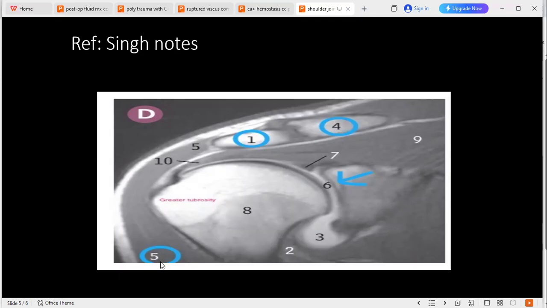When would you ask for this kind of imaging? This is MR arthrogram. Any ligamentous or muscular injury, or injury to the rotator cuff muscles, or shoulder joint instability. What are the factors that decrease the stability of the shoulder joint?